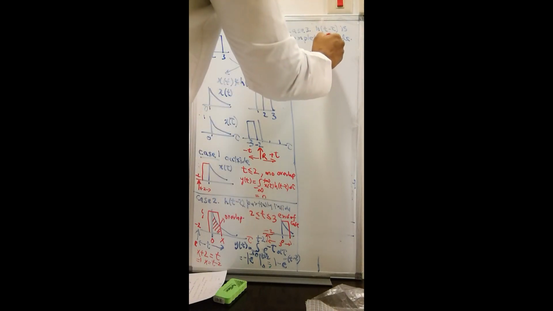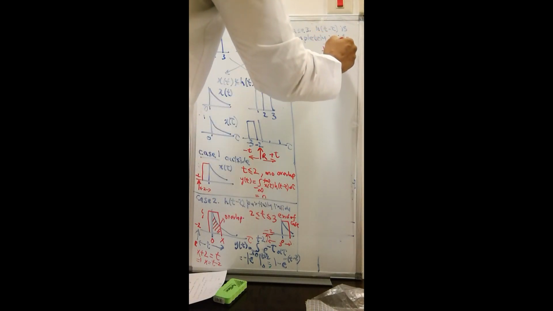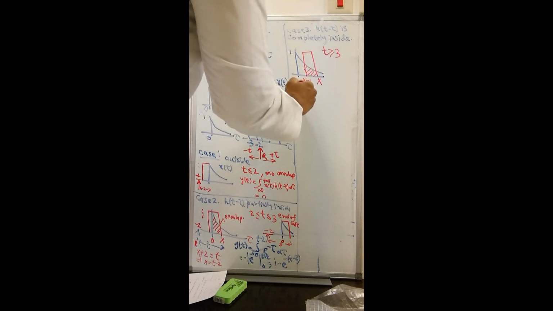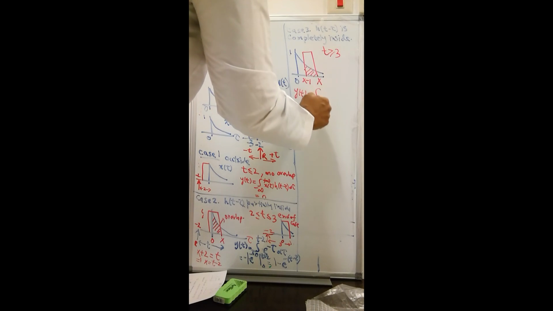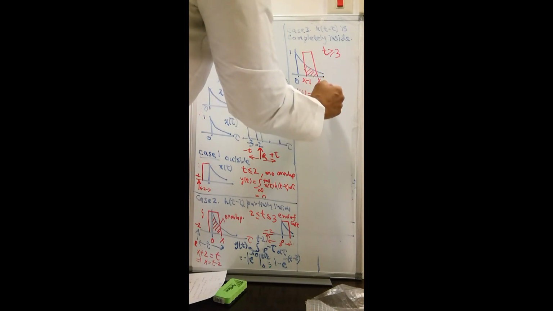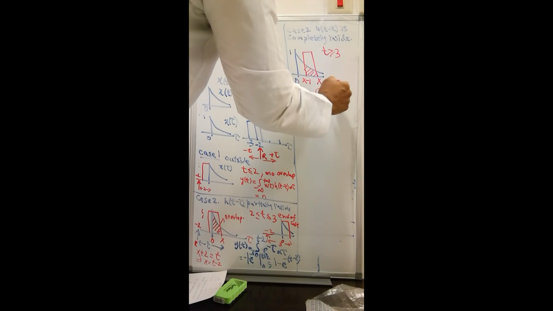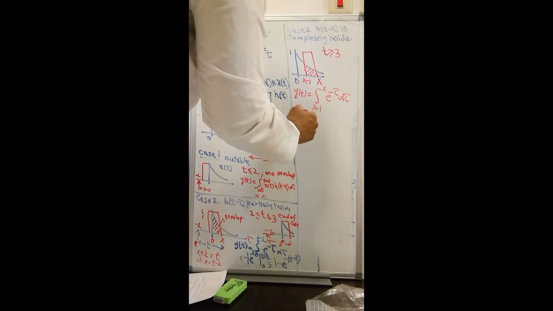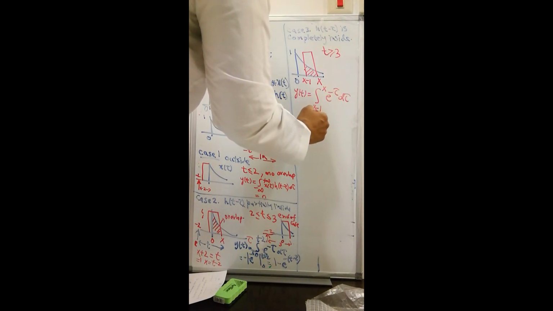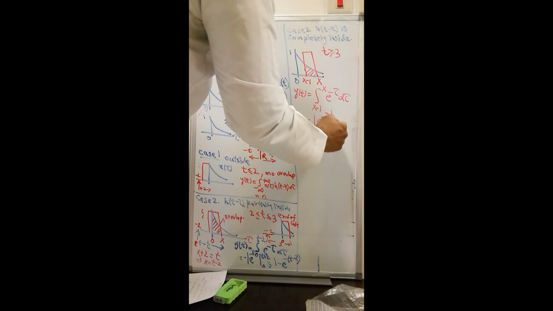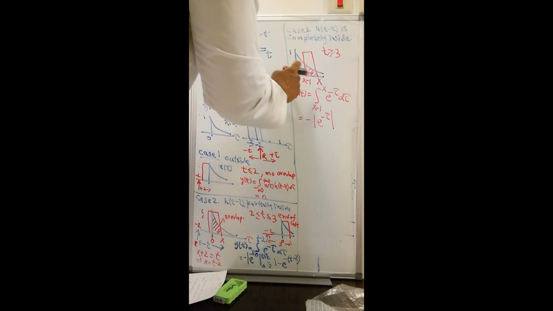So t is greater than or equal to 3. y of t in this case is just the integral between x minus 1 and x of e raised to the power minus tau d tau, which is minus e raised to the power minus tau from x minus 1 to x.